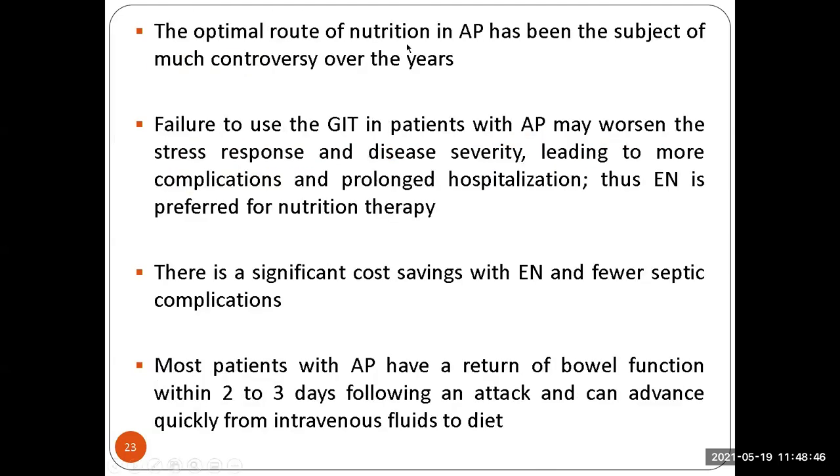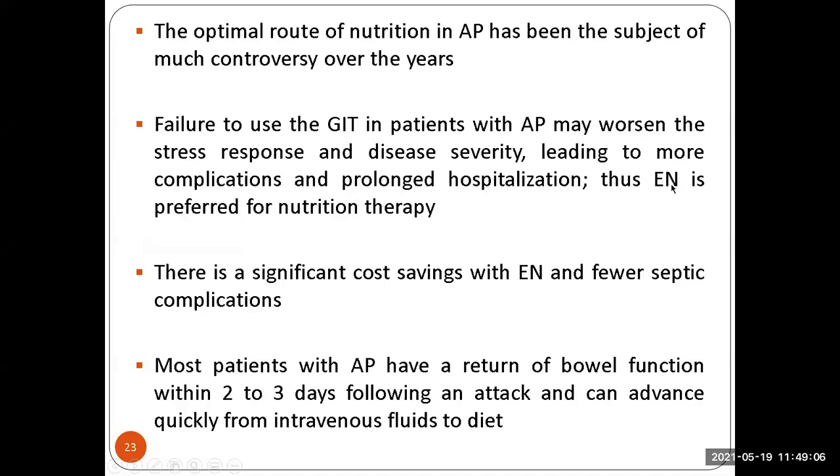So the optimal route of nutrition in acute pancreatitis has been the subject of much controversy over the years. Failure to use the GIT in patients with AP may worsen the stress response and disease severity, leading to more complications and prolonged hospitalization.